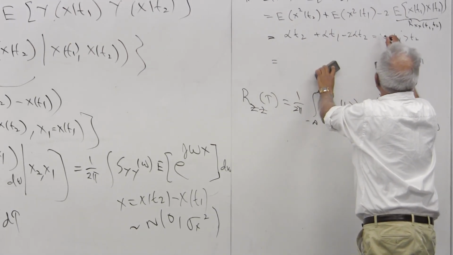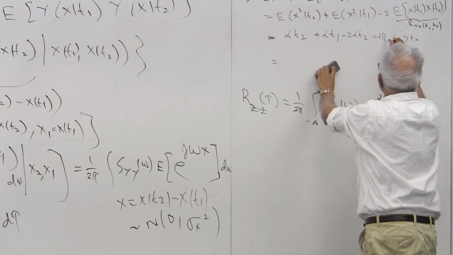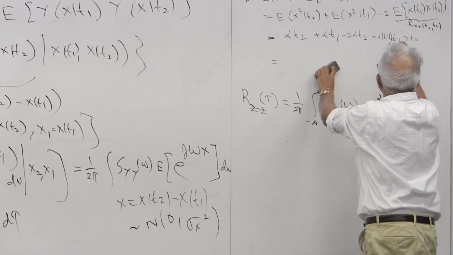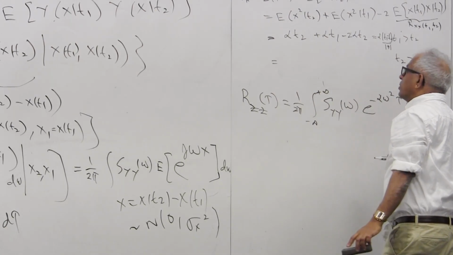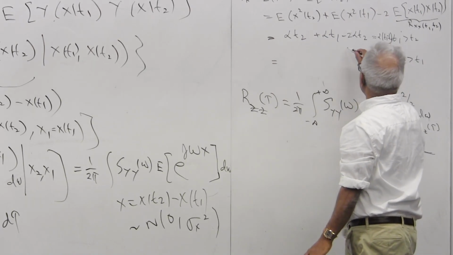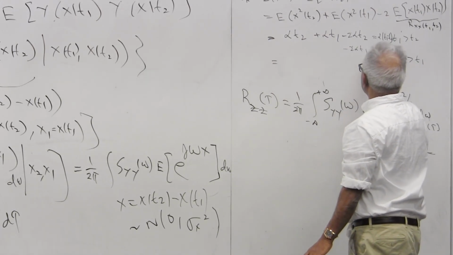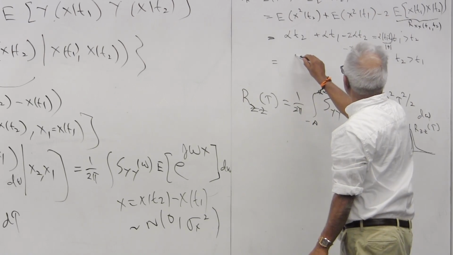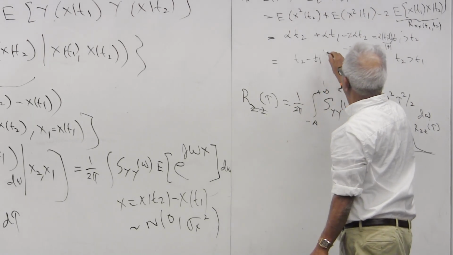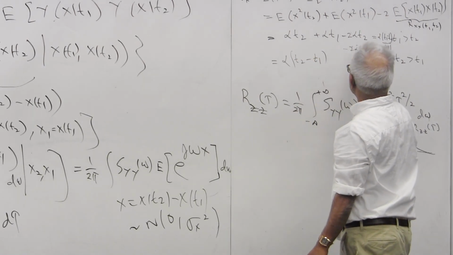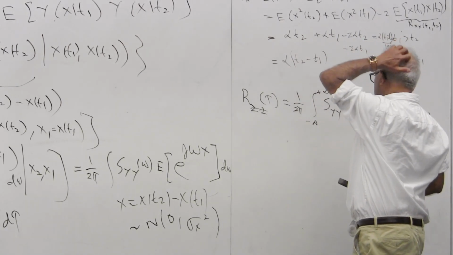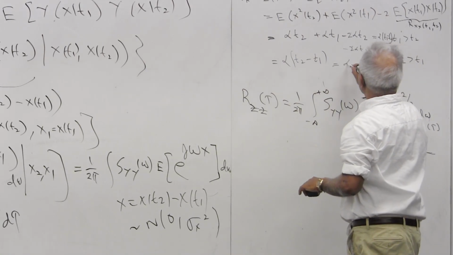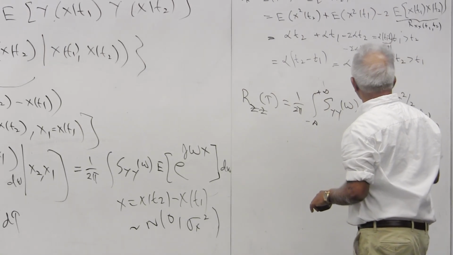So this will become alpha times (T1 minus T2). But T1 is larger, so this is positive. Here T1 is smaller, so this will be minus 2 alpha T1, and basically this will come as (T2 minus T1) multiplied by alpha, so that's also alpha tau.